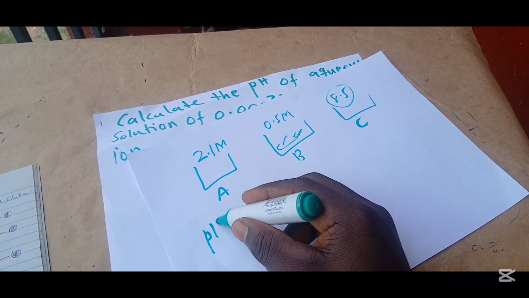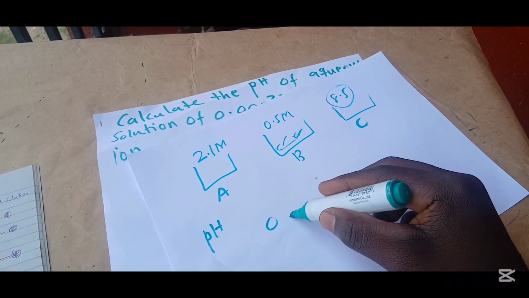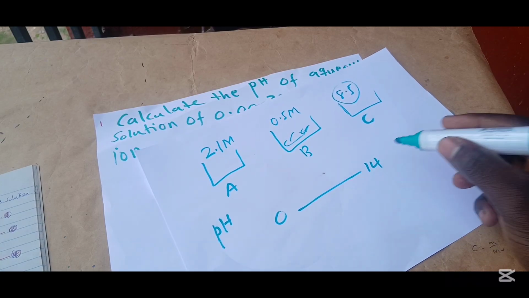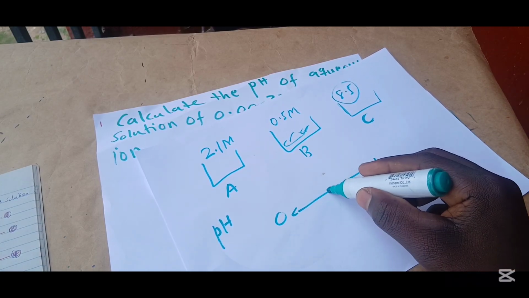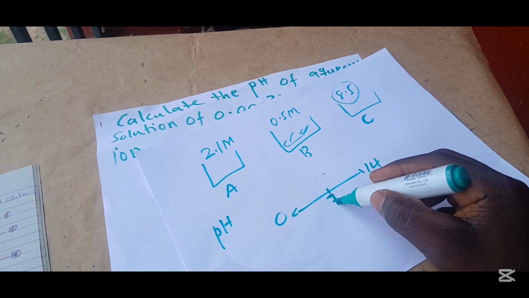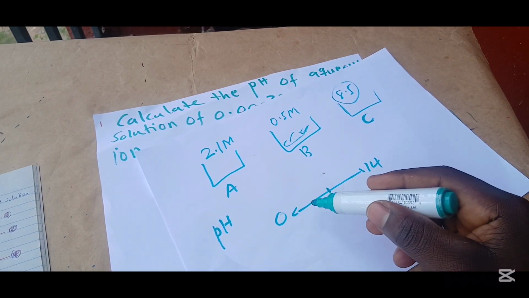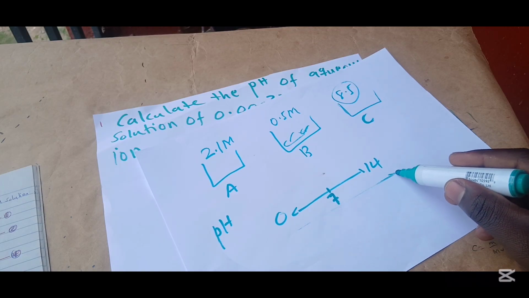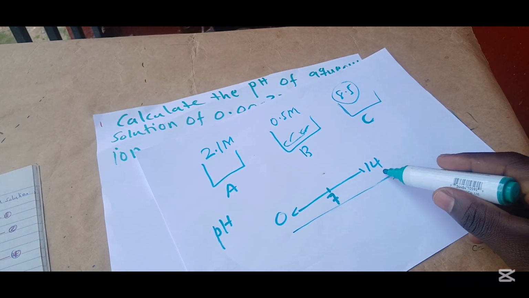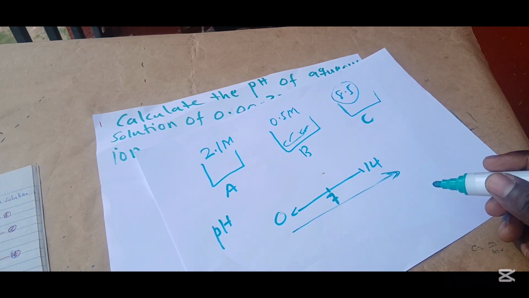The pH scale ranges from 0 to 14, with a midpoint of 7, which is neutral. So substances from 0, as we move forward to 14, acidity decreases and basicity increases.